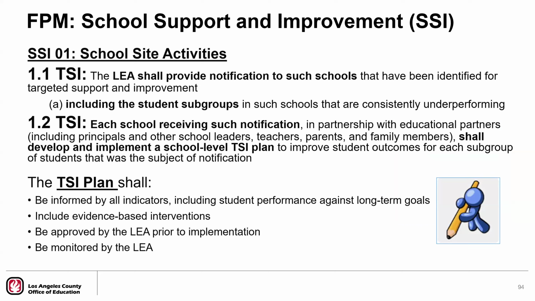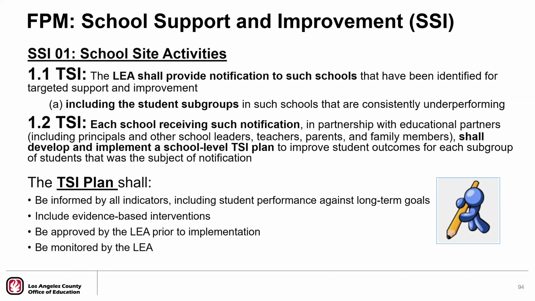1.1 and 1.2 are for schools identified for TSI. 1.1 refers to the requirement that the LEA must formally notify the school that has been identified for TSI, and this notification must include the student subgroups that have consistently been underperforming. 1.2 gives the specific instructions and requirements for the school level TSI plan that is developed in partnership with the educational partners.